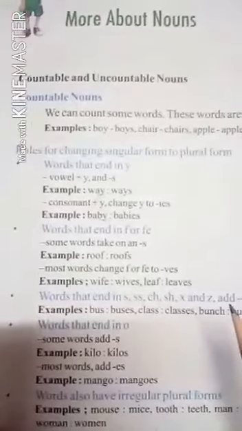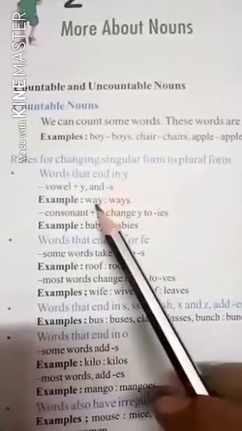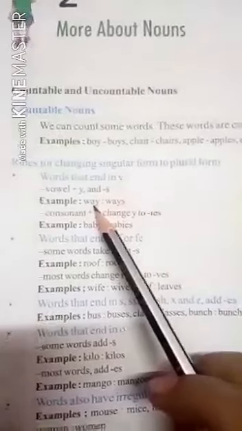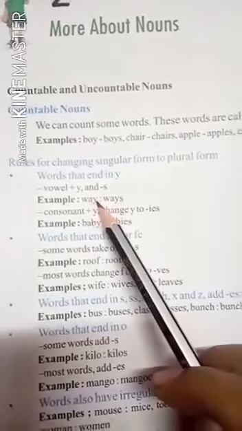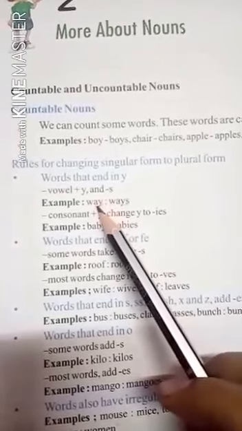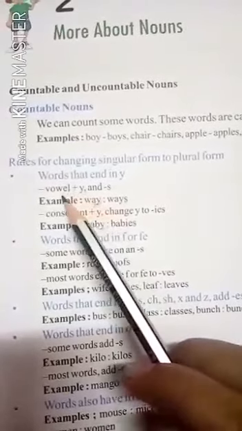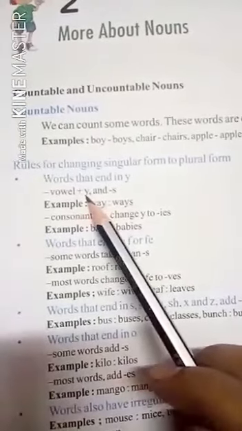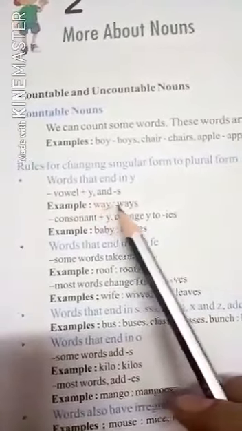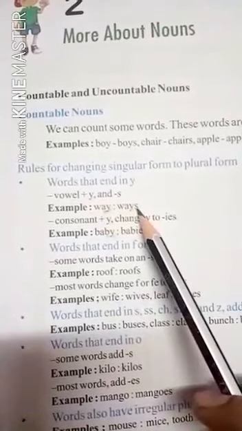For example, we are taking the word way. Here the word ends with Y. Before the Y, A is a vowel. When you see a vowel plus Y, you can change it easily by adding S in plural form.